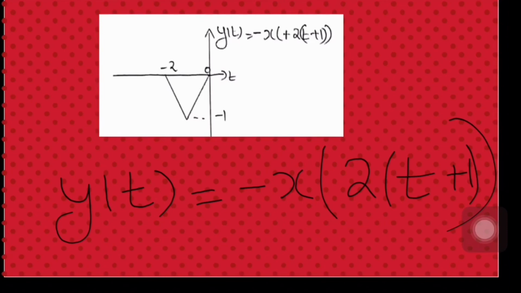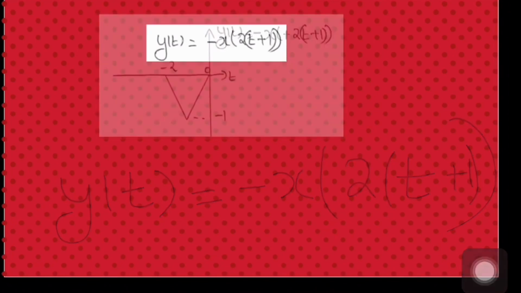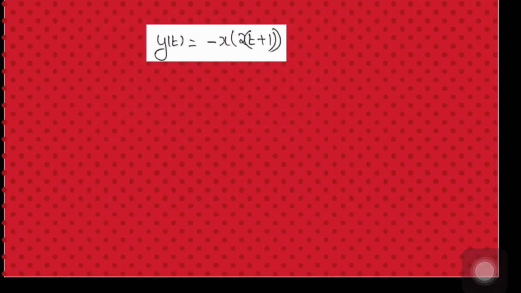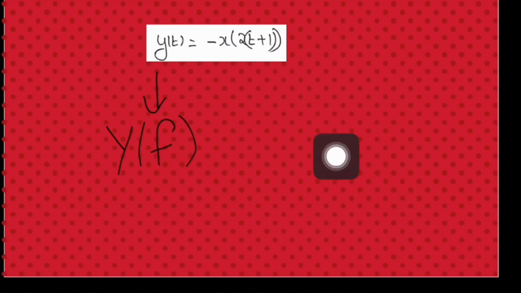What is our next task? We have to find out how their Fourier transforms are related, and for that we are going to take the Fourier transform on both sides of this equation. As you know, the Fourier transform of y of t can be expressed as Y of f. But what about this x of 2t plus 1?